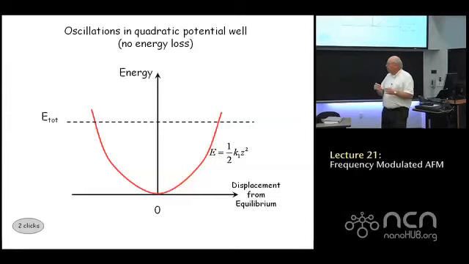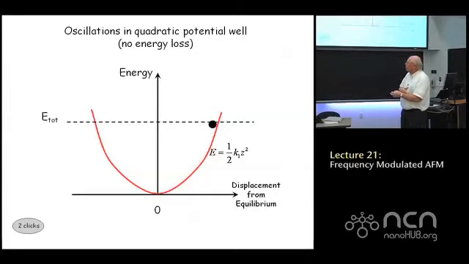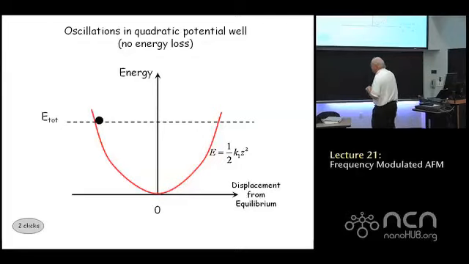And what I can then do is I can release the particle, right? By releasing, I just let him oscillate, and he will oscillate back and forth in that potential well. I'm assuming that there is no energy loss in this problem. And the simple question is, what's the frequency at which that particle oscillates back and forth? Right? How do you determine that frequency? So that's the first topic.